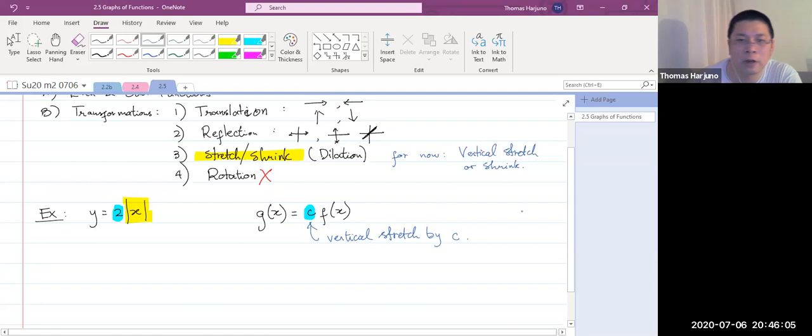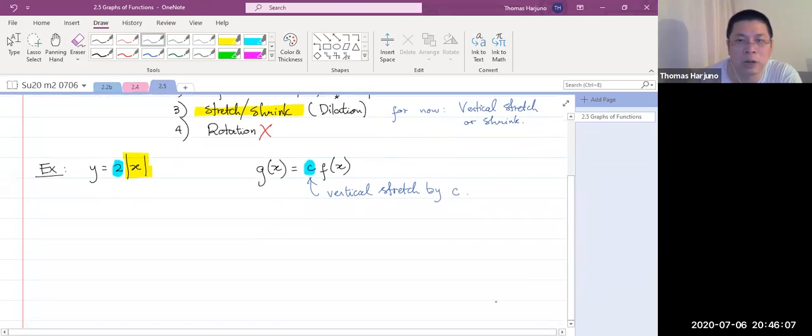Let me graph it first so that you can really see what I mean. Okay, I'll start with the graphing. Give me a second. I need to grab my graph.